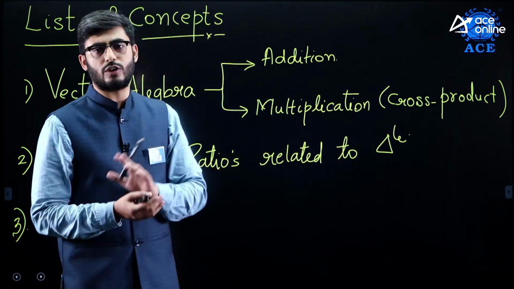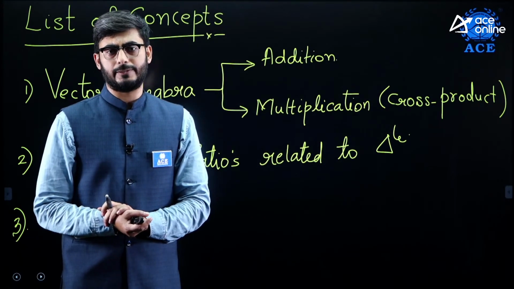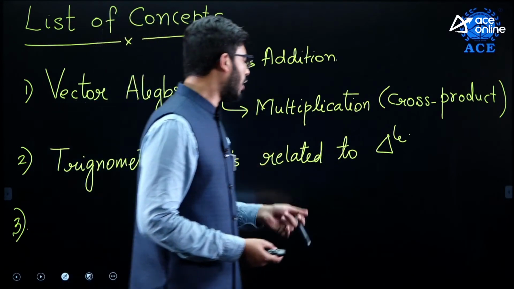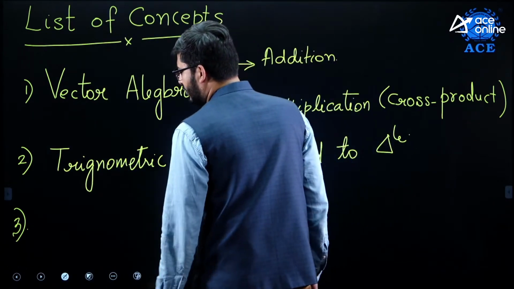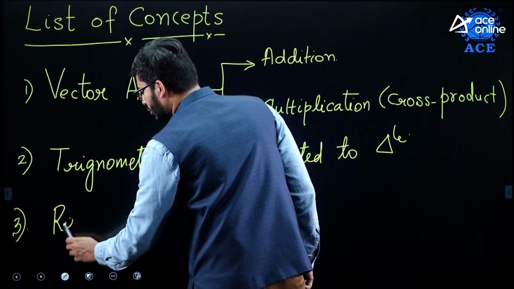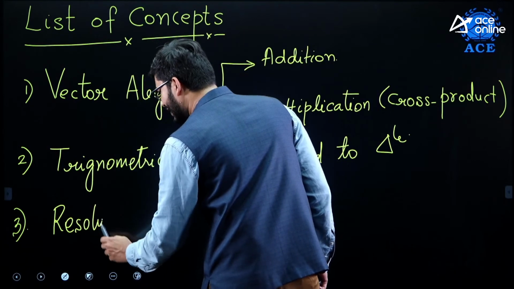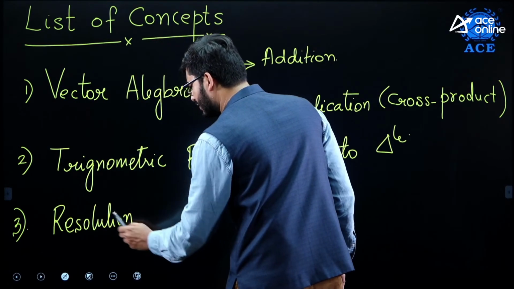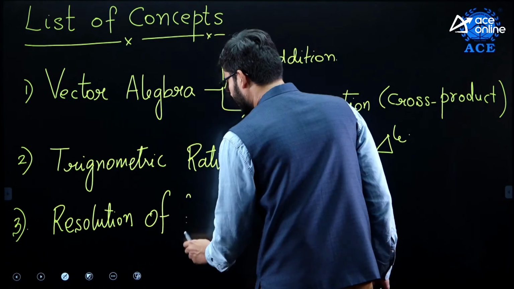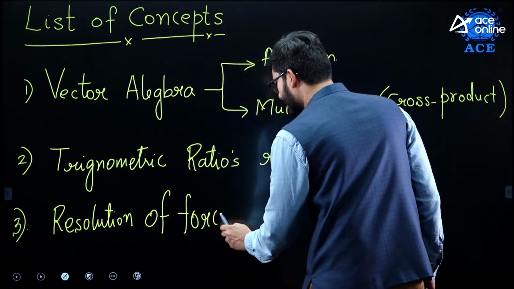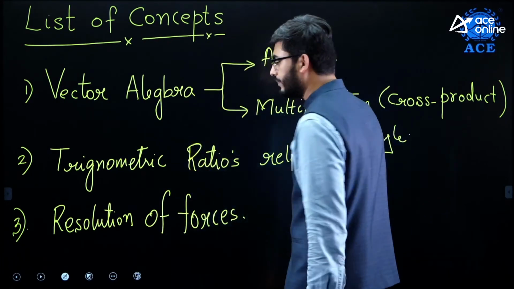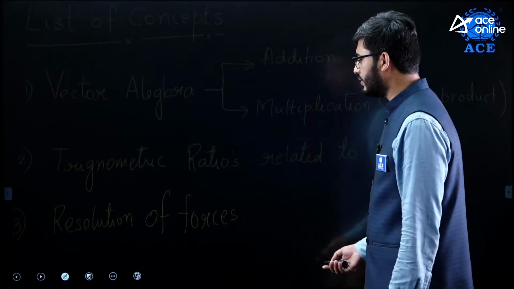Without this, we cannot solve the chapter gyroscopic couple. Along with this, we are required to have knowledge of resolution of forces, which you have already studied in engineering mechanics, guys.